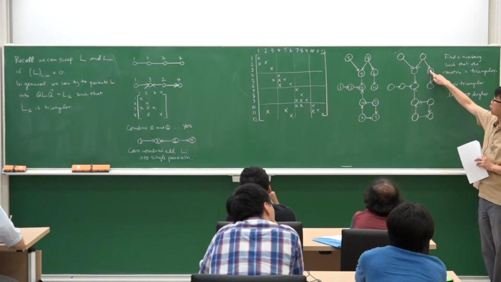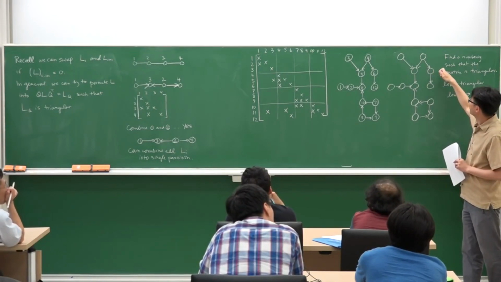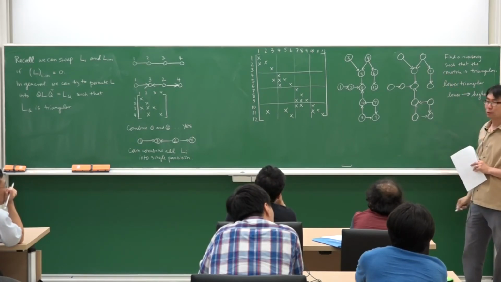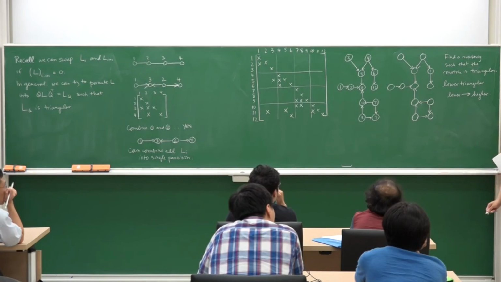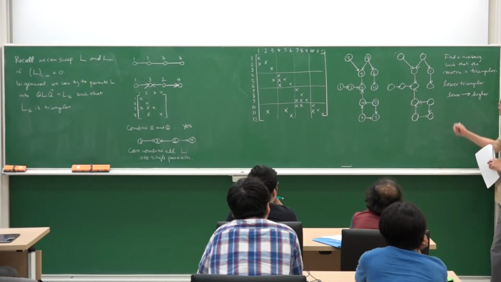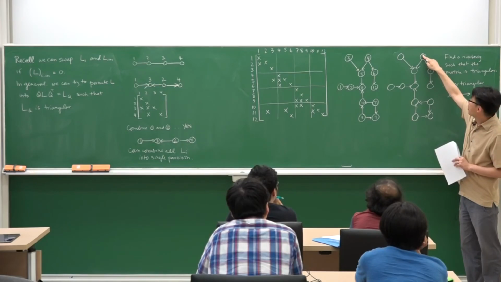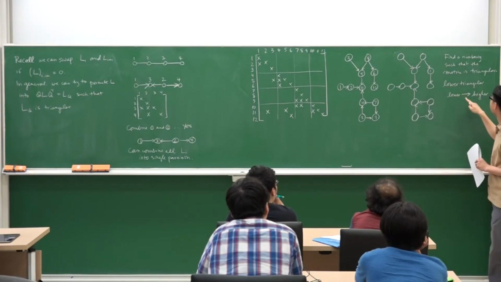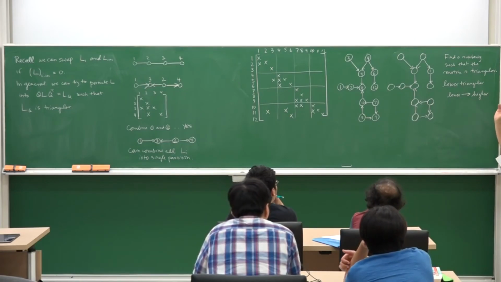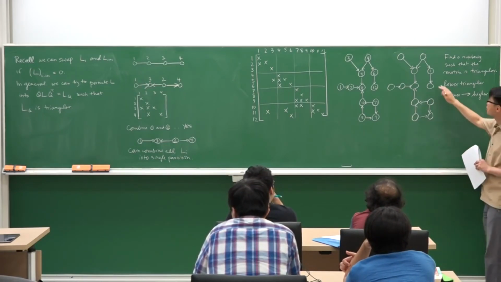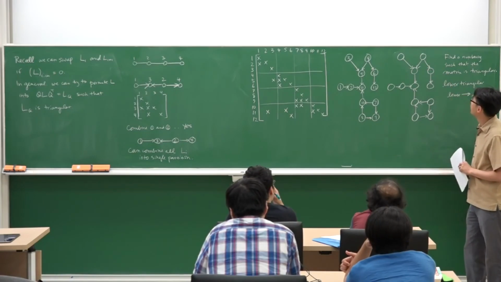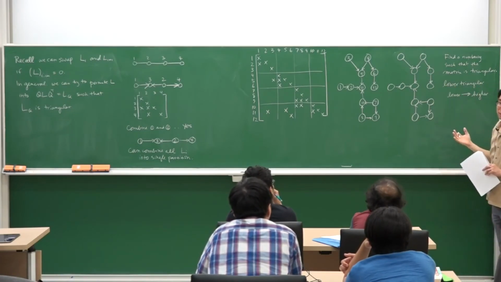That may or may not be a good choice. Is it a good choice or a bad choice? It's not a good choice. So why isn't it a good choice? Because at some point, this has to be numbered, and it will be numbered greater than 1. And then we have an arrow that goes from a greater number to a lower number, which violates this, so the matrix will no longer be triangular. Okay, so this is not a good choice for number 1 because there's an arrow pointing into it.